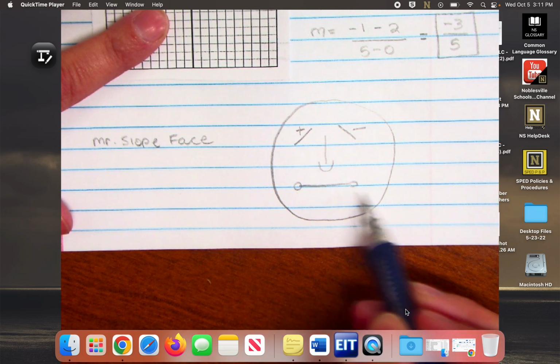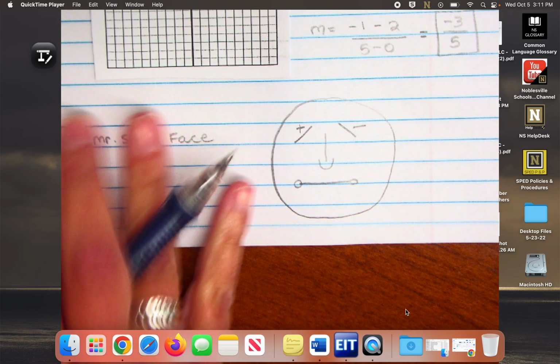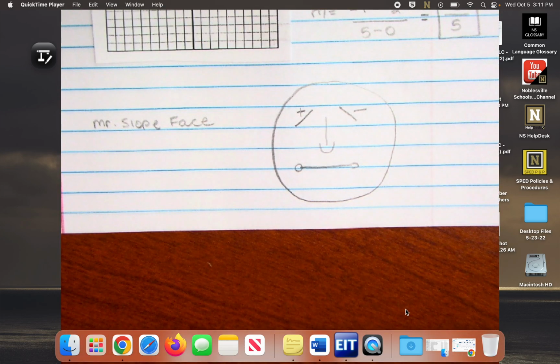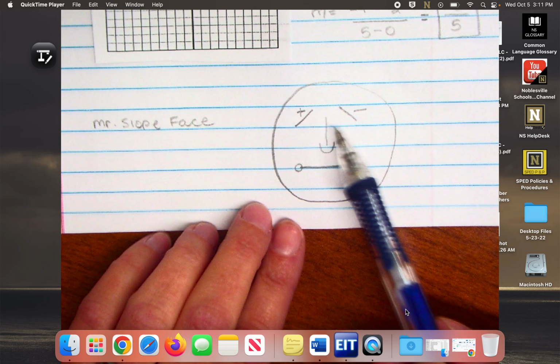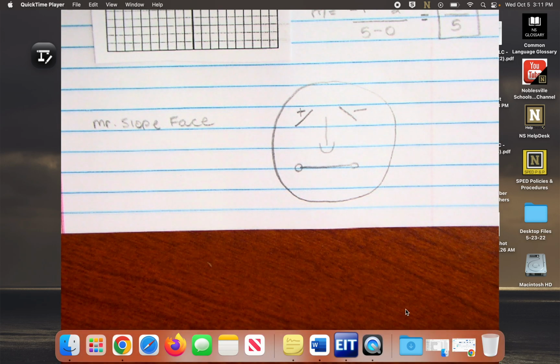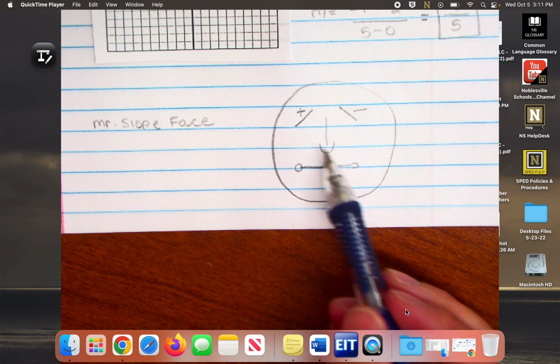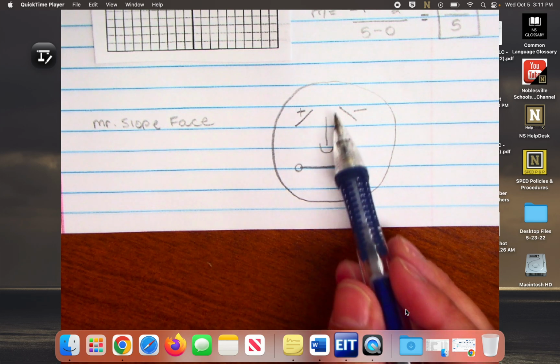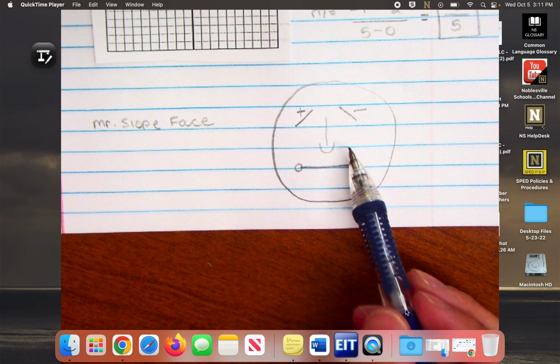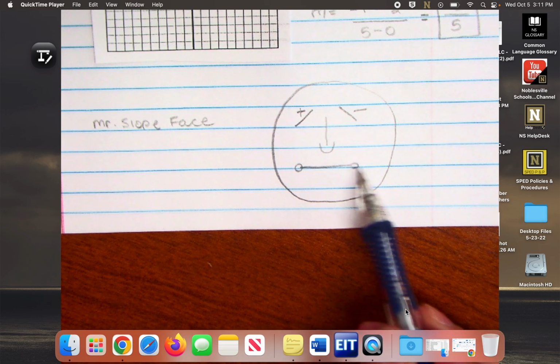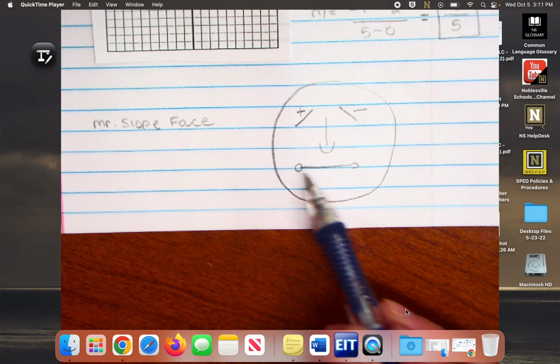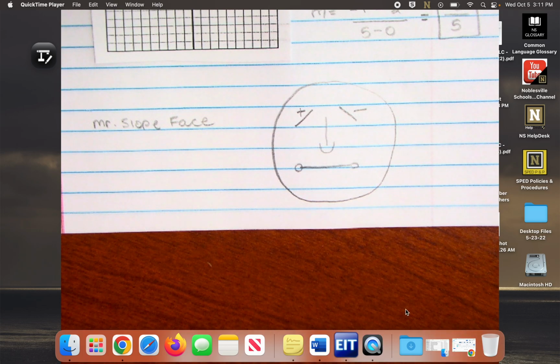So there's his mouth with the zeros on the end. To this day, sometimes I get it mixed up in my brain and I'm like, I know I should know this. I will picture his nose with the U, and that tells me a vertical line is undefined slope. I will picture his mouth with the little circles, and that tells me that a horizontal line has 0 slope.